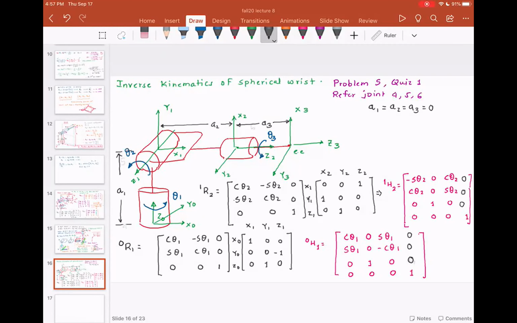Now the last homogeneous transformation matrix, it's very easy, because the last homogeneous transformation matrix is 2R3. And this 2R3, please note, is cosine theta 3, minus sine theta 3, 0, sine theta 3, cosine theta 3, 0, 0, 0, 1, multiplied by the projection matrix.